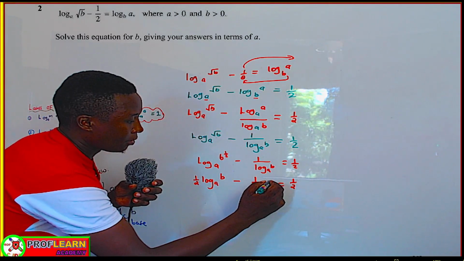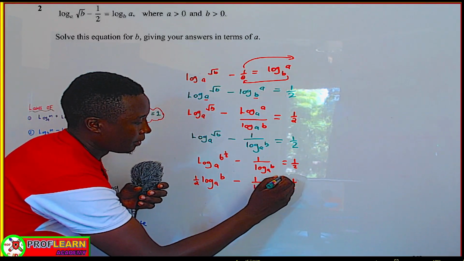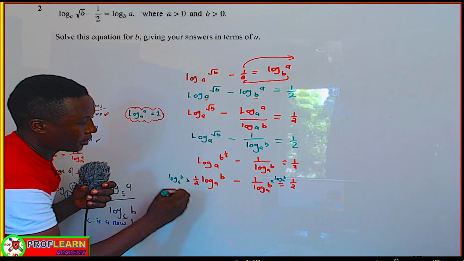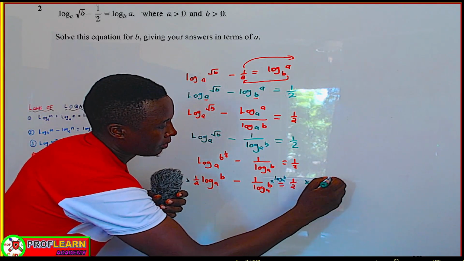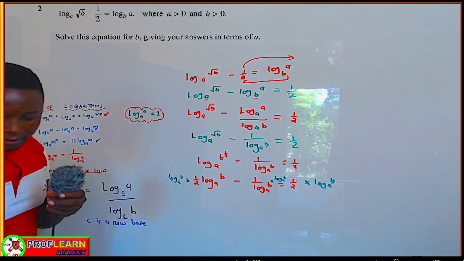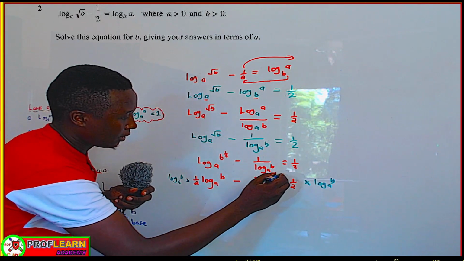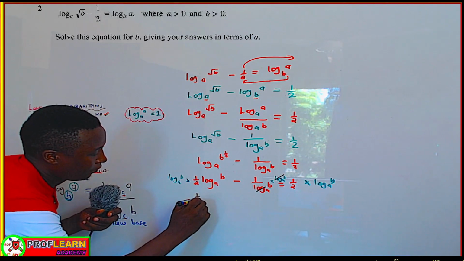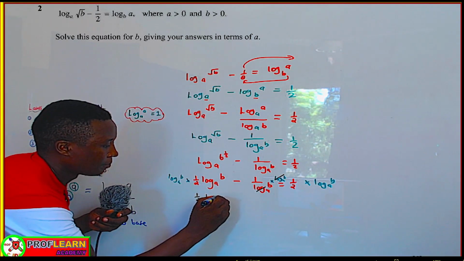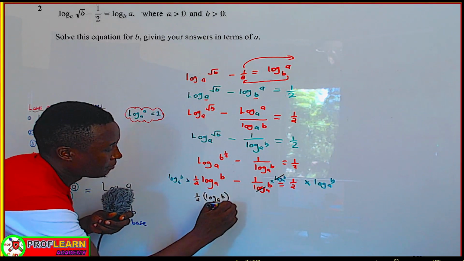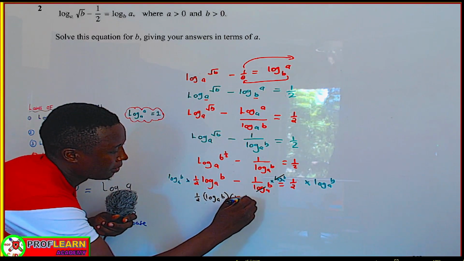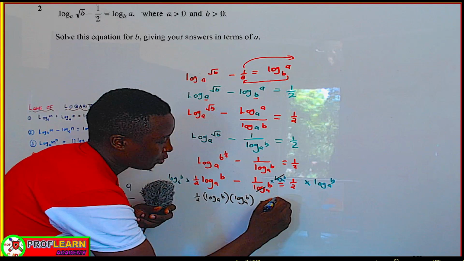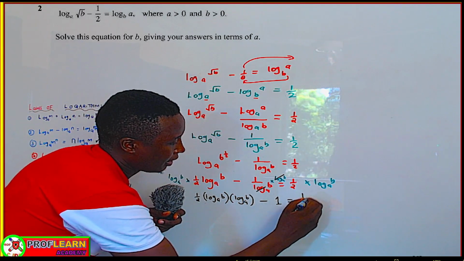We multiply log b base a on each term. At that point this one and this one will cancel out, and this one ends up being a half log b base a, and also we have log b base a, then minus 1 is equal to a half log b base a.